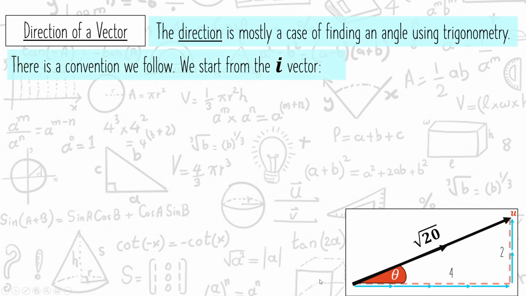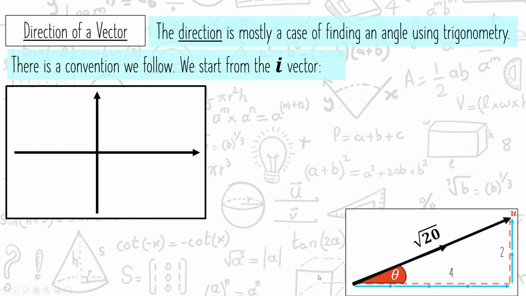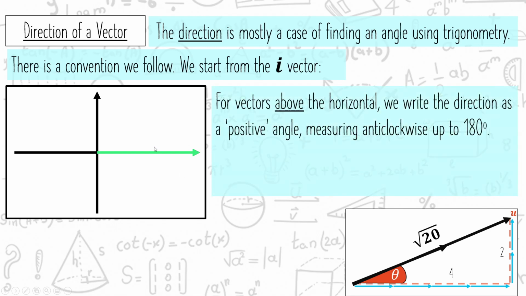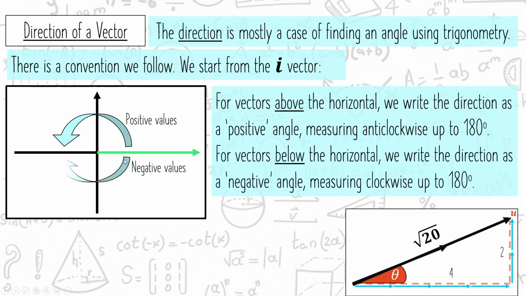What we do with vectors is we start from the i vector, and if the vector is in the positive quadrants at the top, we measure it anti-clockwise and denote it as a positive angle. If the vector is below the initial line, we write the direction as negative and measure it clockwise, at 180 degrees.